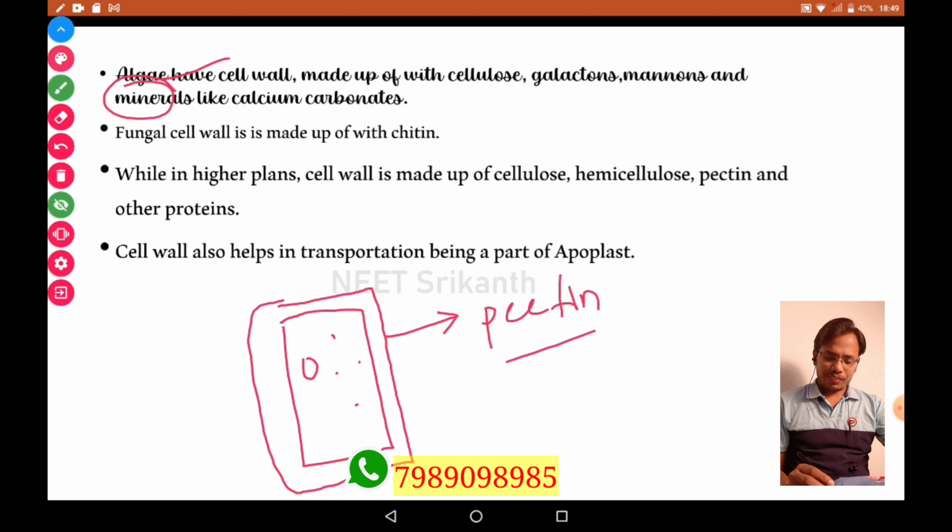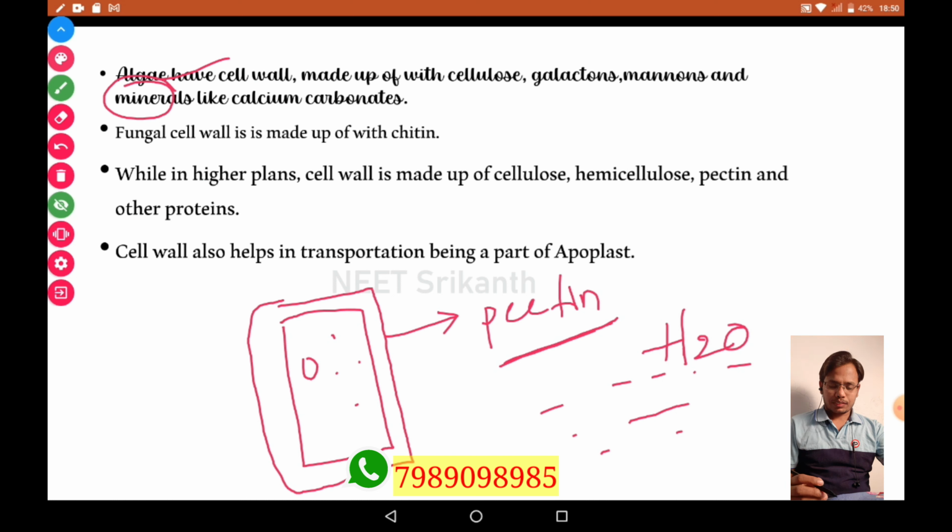Algae are generally present in the water. So the outermost cell wall layer of the algae is made up of pectin. Pectin is a sticky polysaccharide.